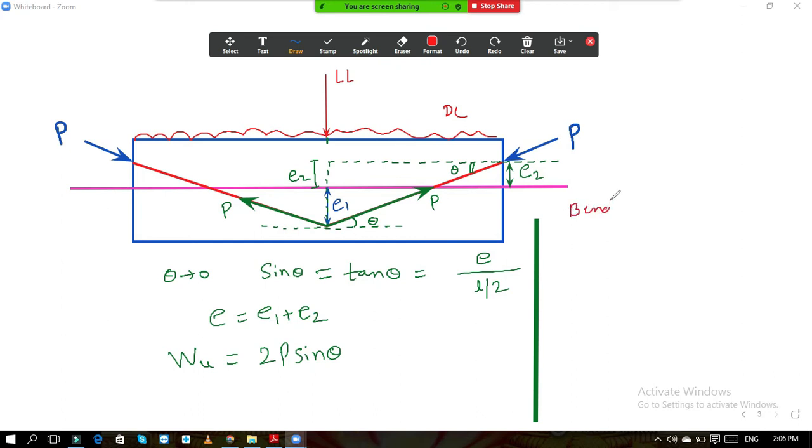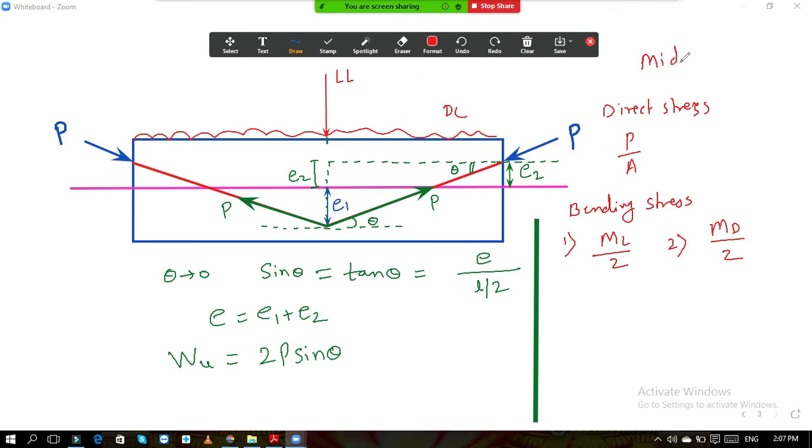Bending stress due to which load? First, bending stress due to live load, which is ML by Z. Second, bending stress due to dead load, that is MD by Z. And your direct stress is always the same. Your direct stress is P by A. Okay, so your total stress is P by A plus or minus MD by Z plus or minus ML by Z. This I have talked about for the midspan section. Okay, see, whatever I have written over here is for the midspan section.